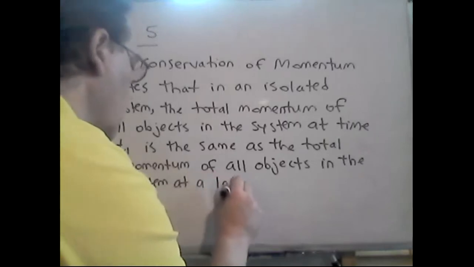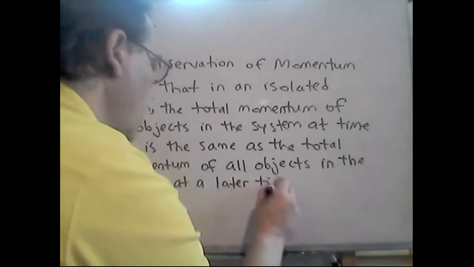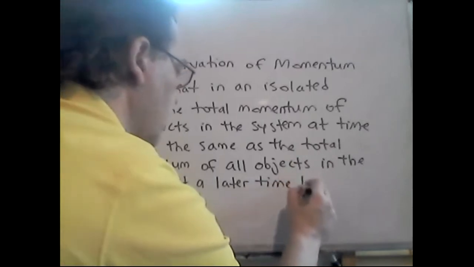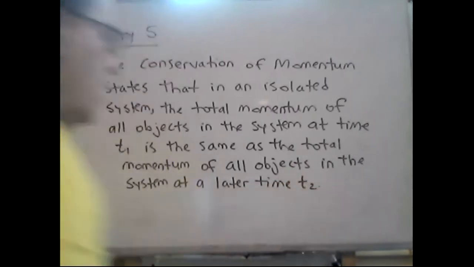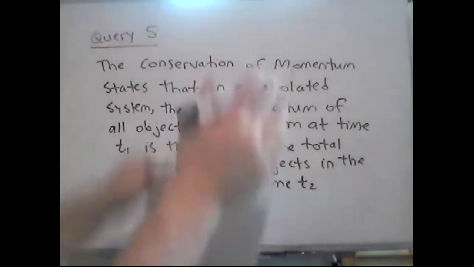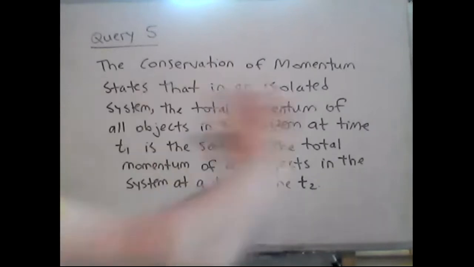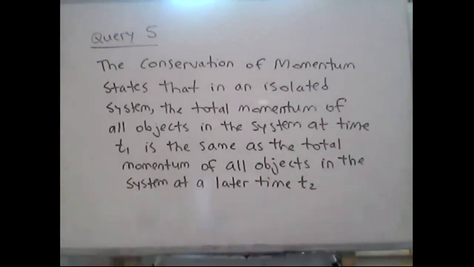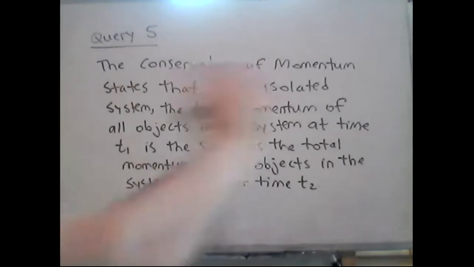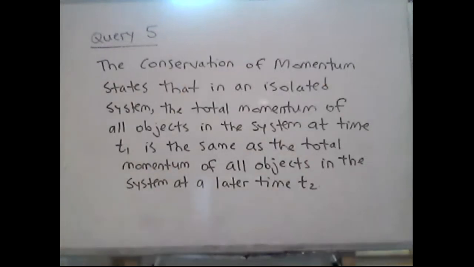Now this could be after a collision, but I'm just trying to be very general. I'm not even mentioning collision. It could be I'm just watching the particles do their thing and I calculate the momentum. If it's an isolated system, every time I calculate the total momentum of all the objects in it, it'll be the same as when I later calculate the total momentum. Again, conservation of momentum is a system concept. It is not an individual concept.